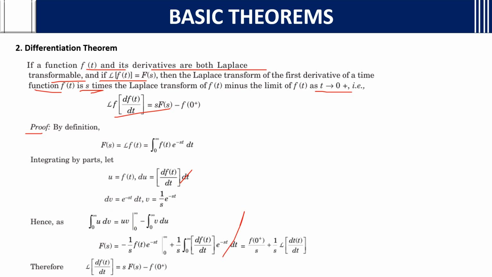After that, you can write f of 0 plus by s, plus 1 by s Laplace transform of d by dt of f of t. So by this you can say that the Laplace transform of d by dt of f of t is equal to s into F of s minus f of 0 plus.